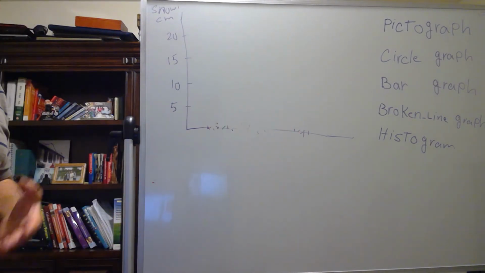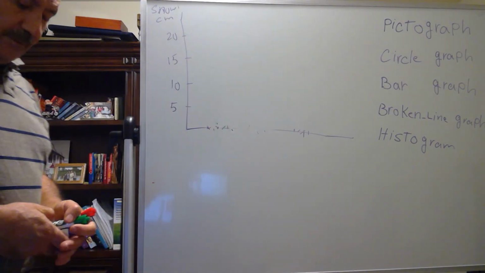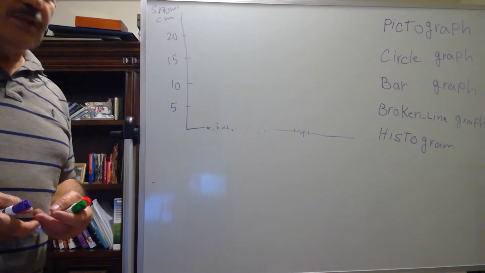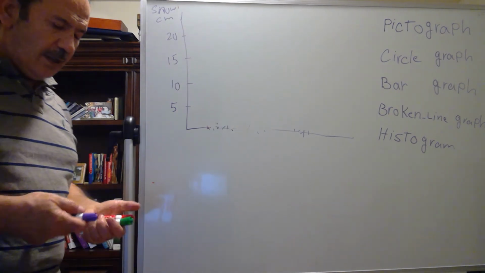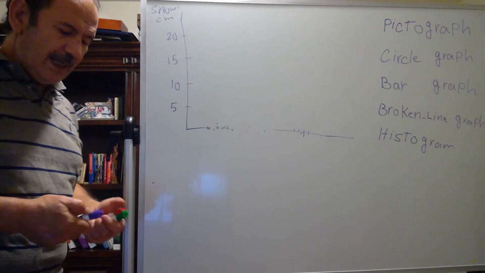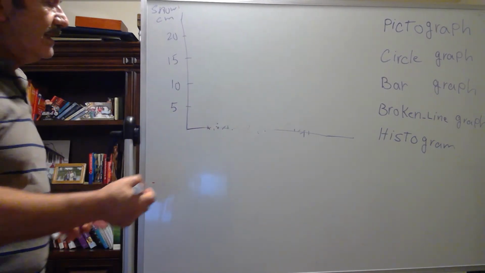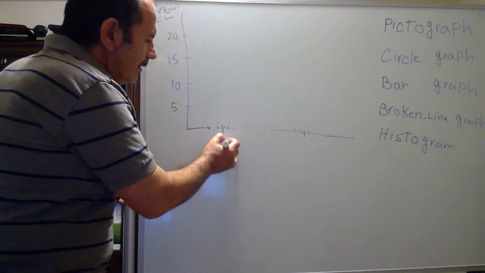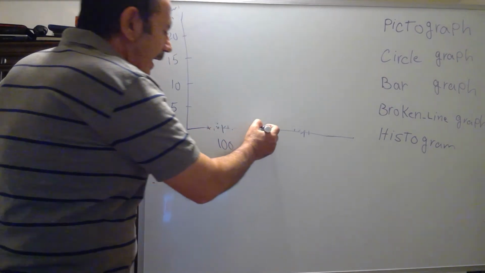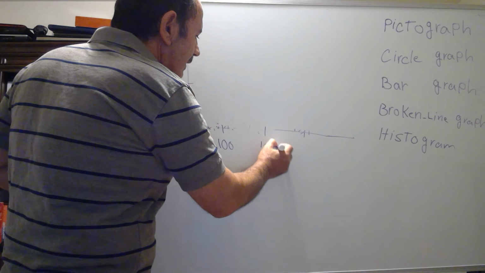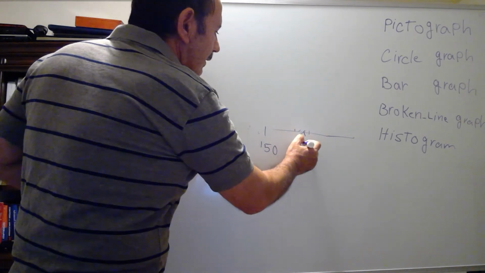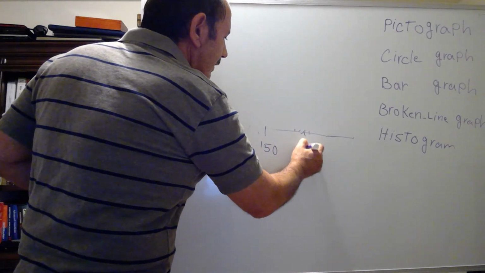But say, as an example, the gas consumption of a car, or the speed of a car. Let's say cars can drive at different speeds: 100 kilometers per hour, then 150, and then 200 kilometers per hour.